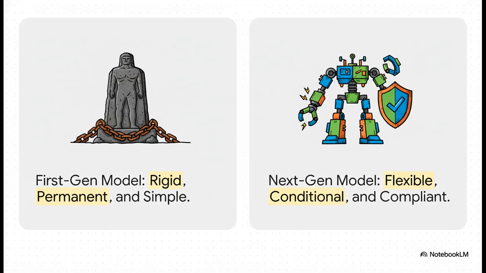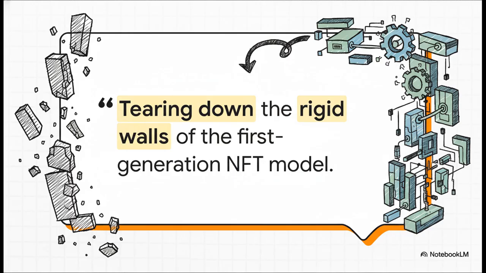This next-gen model, yeah, it's more complex, ownership is now flexible, it's conditional, but that's what makes it compliant and functional enough for the real world. And this quote from the source material just nails it. This isn't a small step forward. This is about completely tearing down the walls of that old rigid model and replacing it with something way more sophisticated, something that can actually support the next wave of what digital ownership can be.